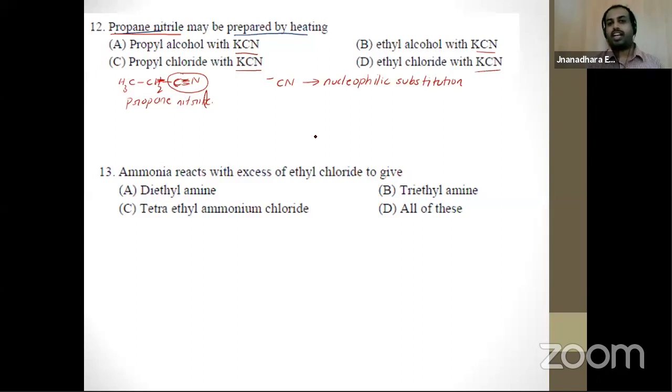There are two categories of compounds given: alcohol and alkyl chloride. Alkyl halides are the best candidates for nucleophilic substitution because the halide ion is a very good leaving group. So haloalkane RX readily undergoes nucleophilic substitution.